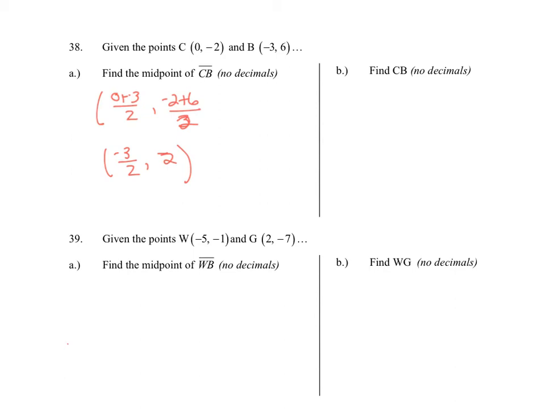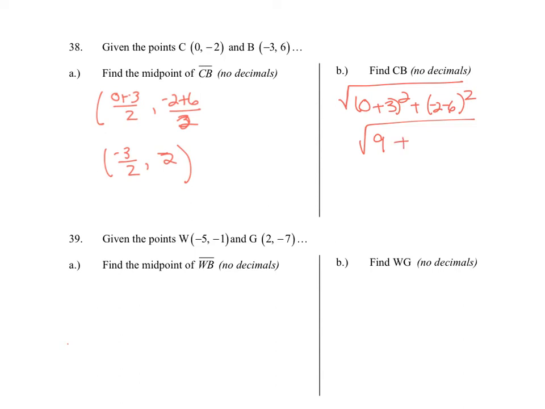Over here I need to find CB, which is the distance, so I'm using my distance formula. Square root, I'm going to take the difference of the X values, so 0 minus negative 3, and square it. Then add that to the difference in the y values squared.